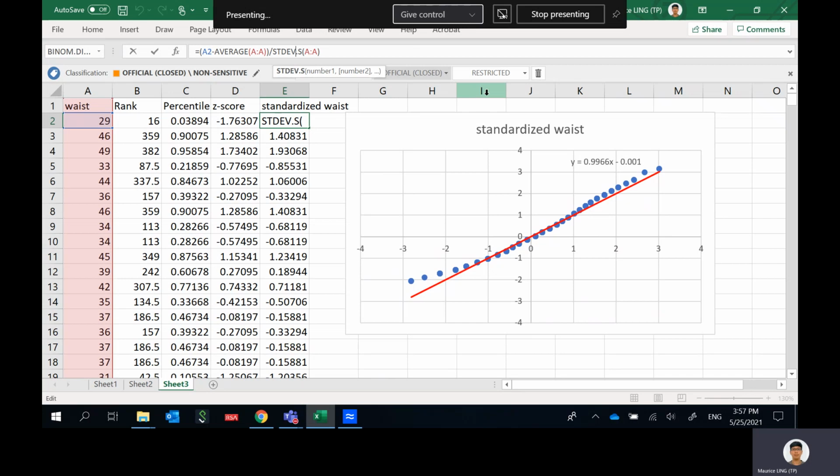Now, when you use R and all this, there's actually a normality test. And also, have you seen it already? Yeah, RStudio.